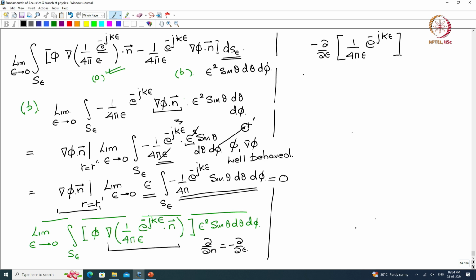If I keep the minus 1 by 4 pi outside, what I get is minus e to the power of minus j k epsilon by epsilon square minus j k e to the power of minus j k epsilon over epsilon.